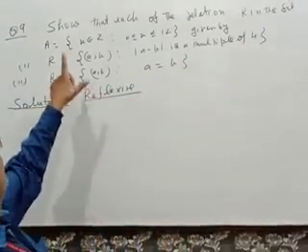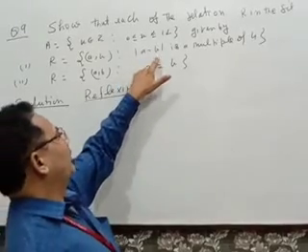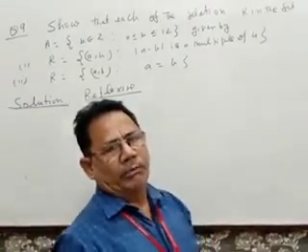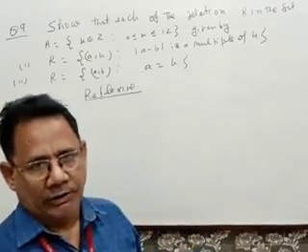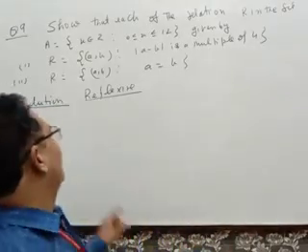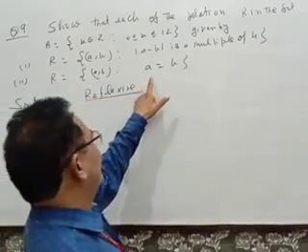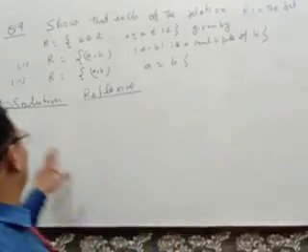In question number 8, mod of a minus b is an even number. Both questions are similarly same. Second part, R is equal to {(a, b) such that a is equal to b}.